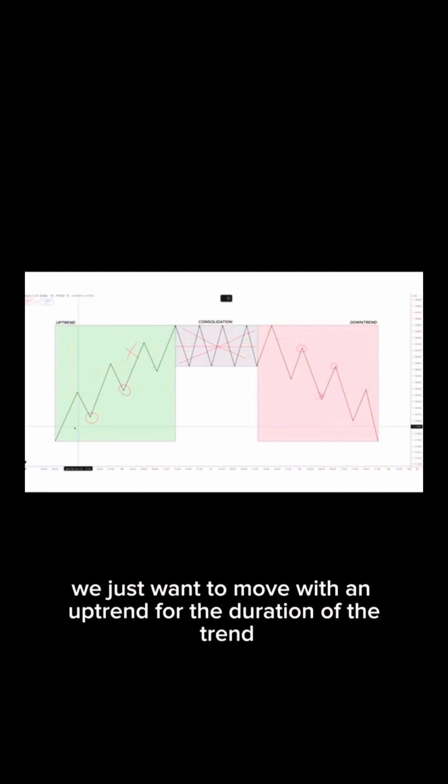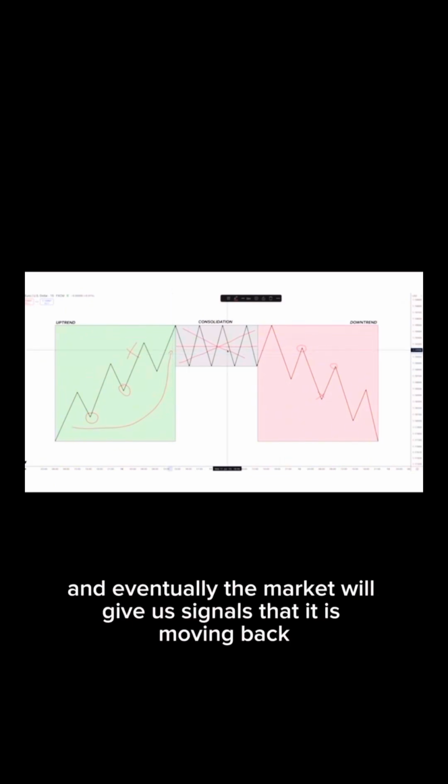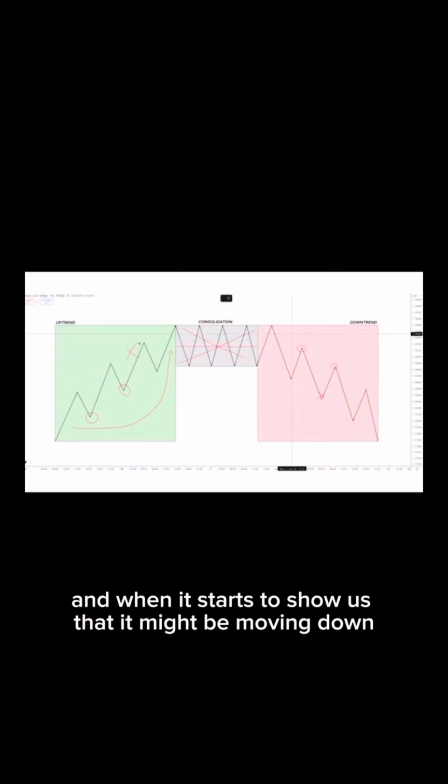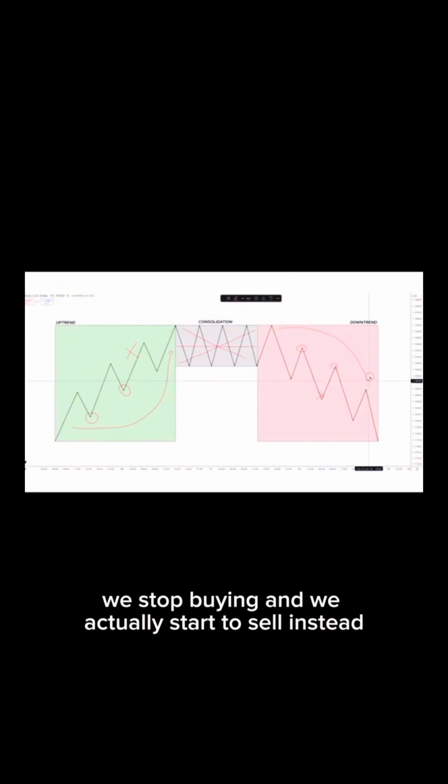The idea is we just want to move with an uptrend for the duration of the trend. Eventually the market will give us the signal that it is moving back. And when it starts to show us that it might be moving down, we stop buying and we actually start to sell instead.